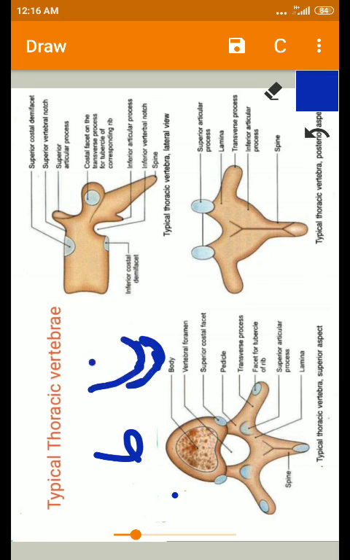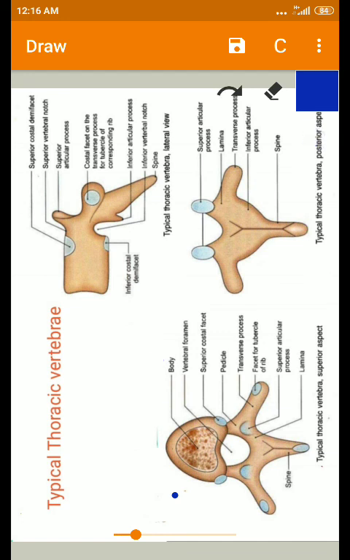Only the upper six thoracic vertebrae possess such facets. In the others, that means after six, the facets are flat.